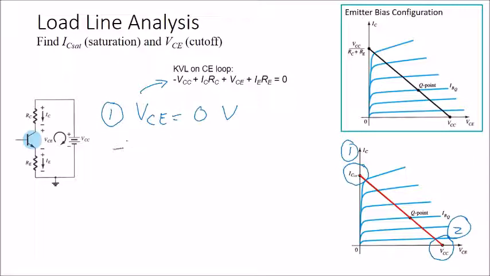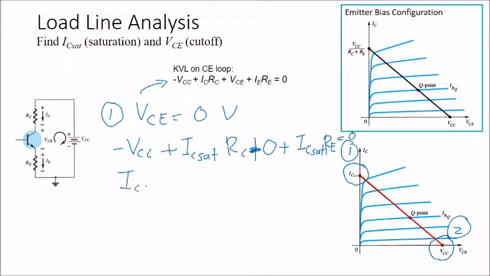So VCC plus IC, which right now is going to be IC saturation, times RC plus VCE equal to 0, and IE right now is going to be IC saturation. Why? You have to find out in my previous presentation.